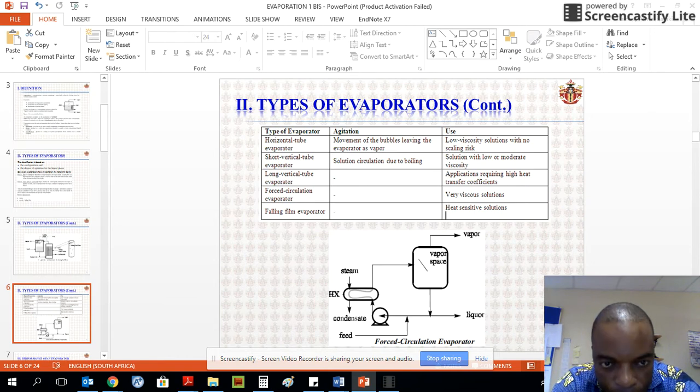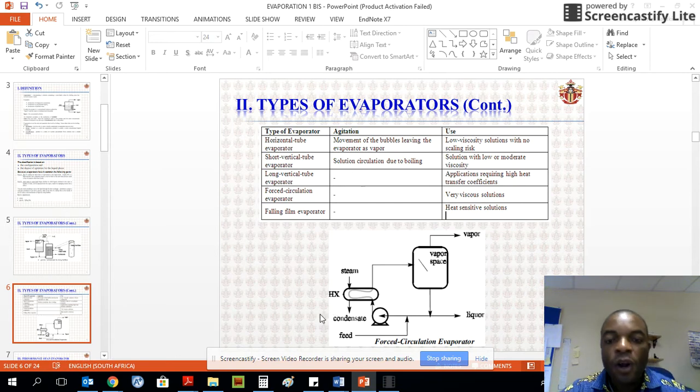We have the horizontal tube evaporator, short vertical tube evaporator, long vertical tube evaporator, and forced circulation evaporators, of which a sketch is presented to you here.